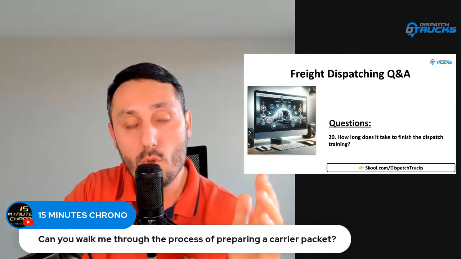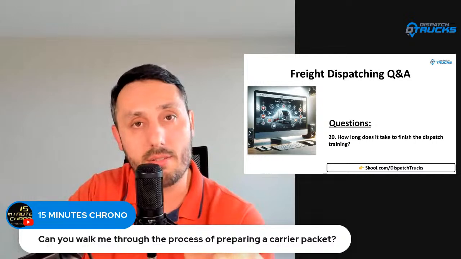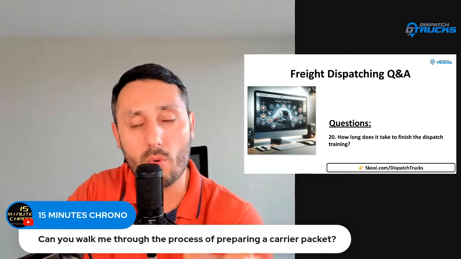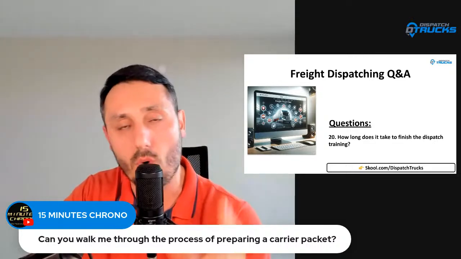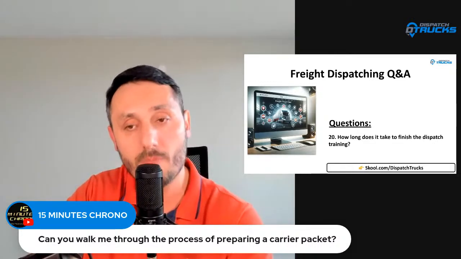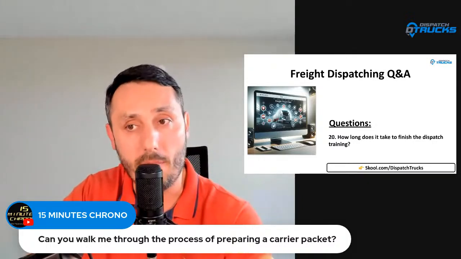Now, your carrier will give you all the documents you need in order to get set up with the broker, the carrier broker agreement, and to get on the broker's system. So in order to get set up with the broker, you must have the documents, meaning the carrier packet from the carrier.